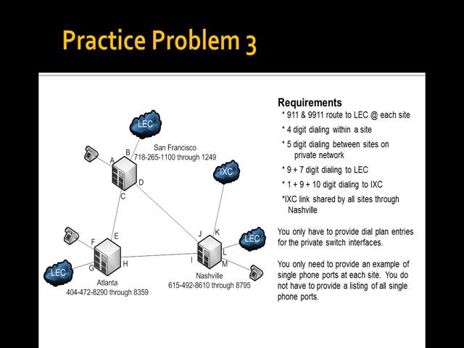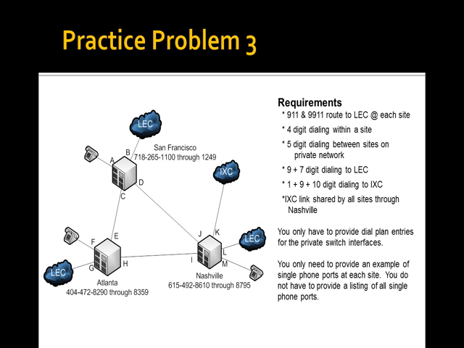The other way you could approach this is to say, I'm going to assign a steering digit for each of my sites. Okay? So I'm going to say all calls to Atlanta, let me put a big "or" on this, all calls to Atlanta begin with 8, followed by XXXX. Oh, 4 X's.